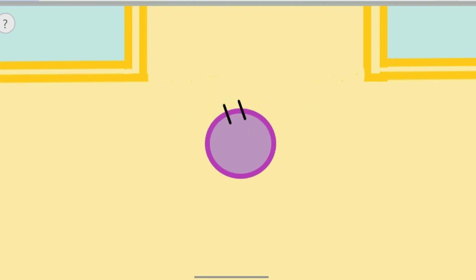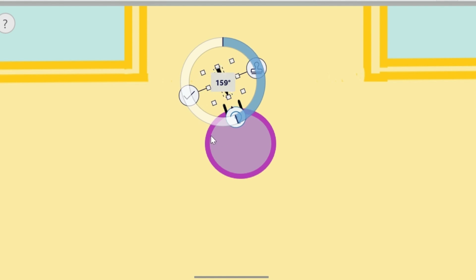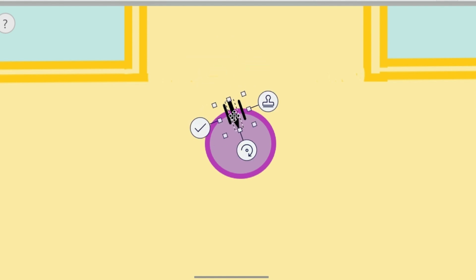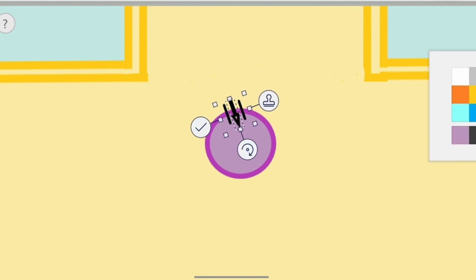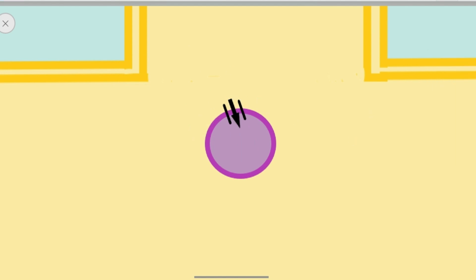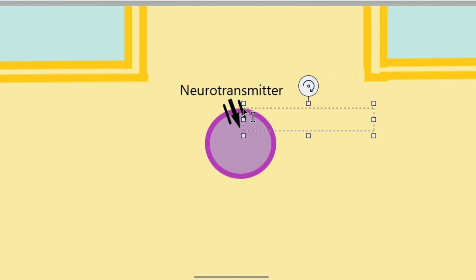So that's requiring ATP. Your neurotransmitter will generally be synthesized in different parts of the cell depending on what your neurotransmitter is, but it's synthesized outside of the vesicle in a lot of cases, and then it's actively transported in. Pop some ATP here just so it's obvious.